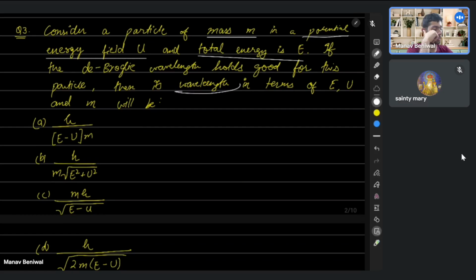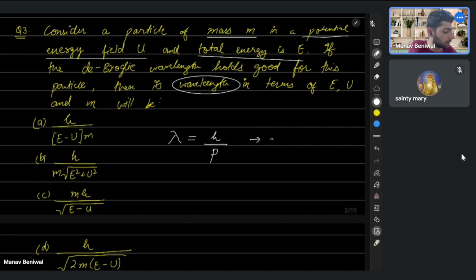And what we are asked about is the wavelength, the de Broglie wavelength. Now what is the magnitude of de Broglie wavelength? Let it be lambda. We know that lambda is h over p, correct? Lambda is h over p.